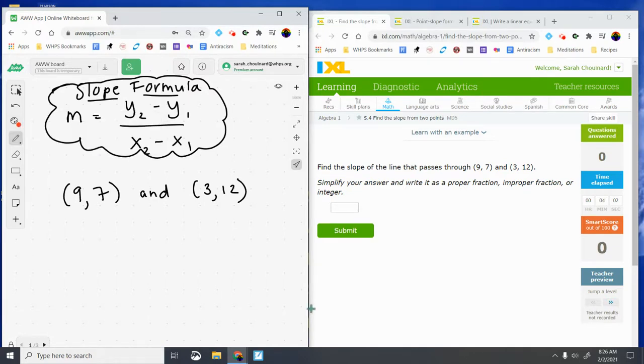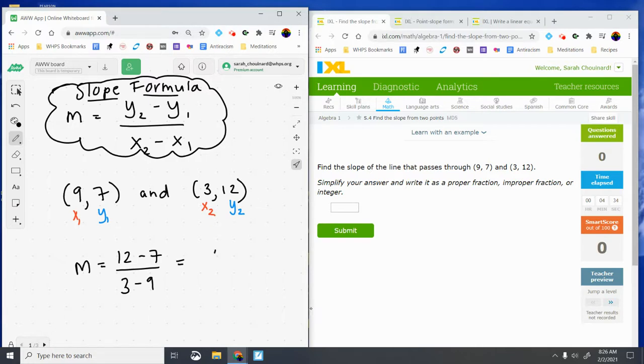So in this problem, x1 is 9, x2 is 3, and y1 is 7, y2 is 12. So if I'm going to calculate the slope between these 2 points, I'm going to subtract the y coordinates, 12 minus 7, and then I'm going to subtract my x coordinates, 3 minus 6. And 3 minus 9.